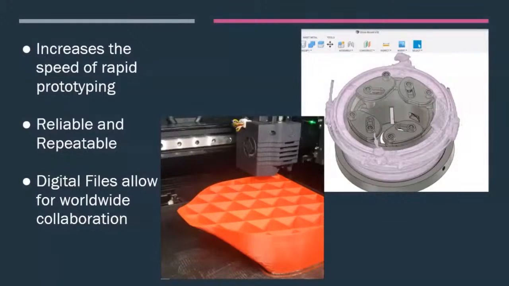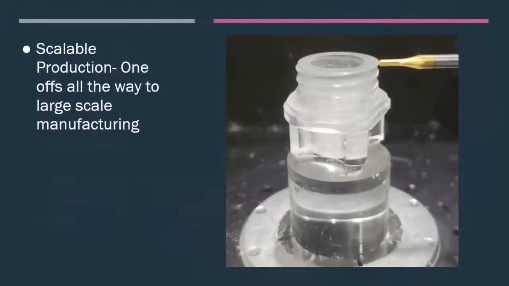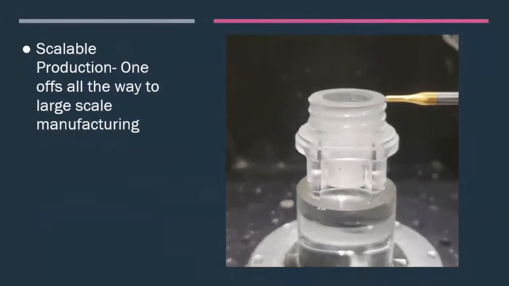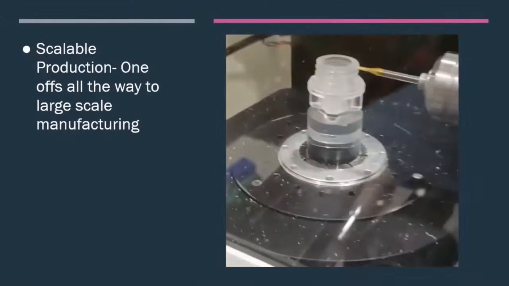It is reliable and repeatable, and allows for greater collaboration worldwide. Lastly, it's also scalable, meaning it can be used for one-off production all the way up to large-scale manufacturing.